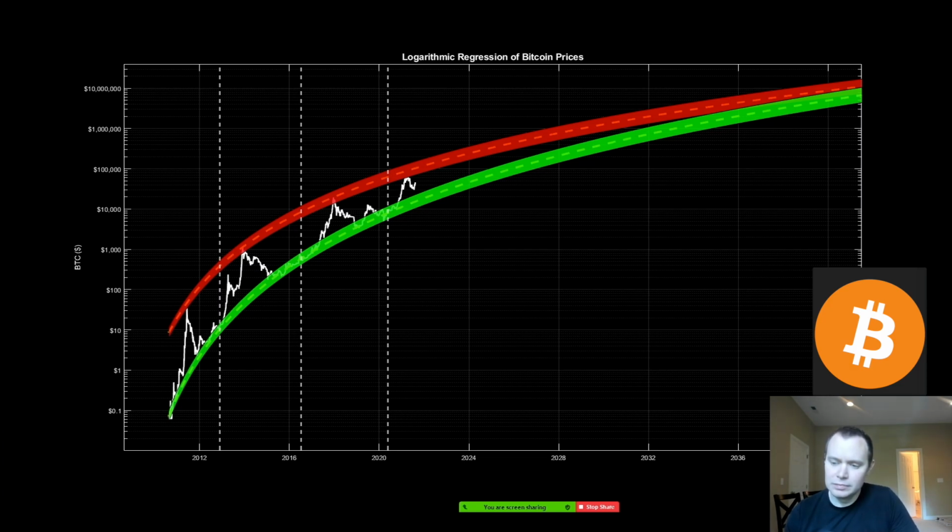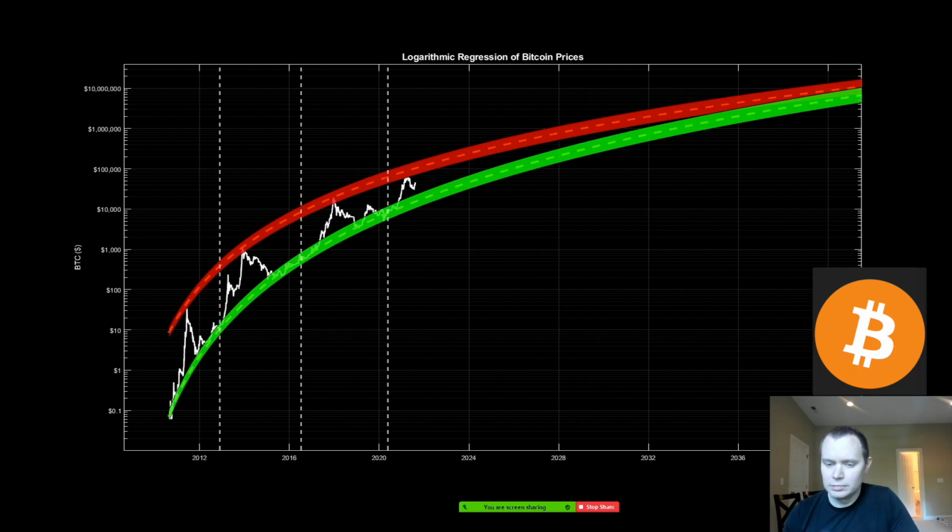Right. But I think the distribution of Bitcoin price returns is not normal, or even a power law distribution where volatility or standard deviation or variance is not defined.